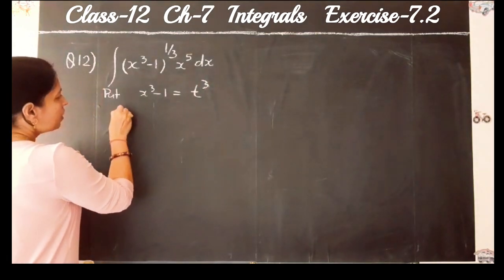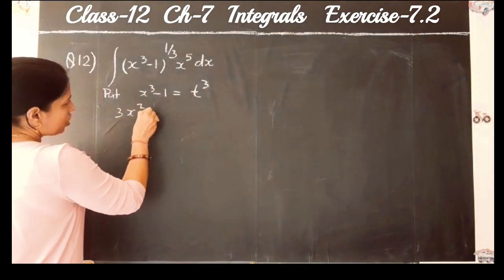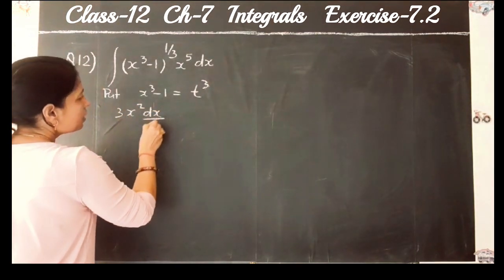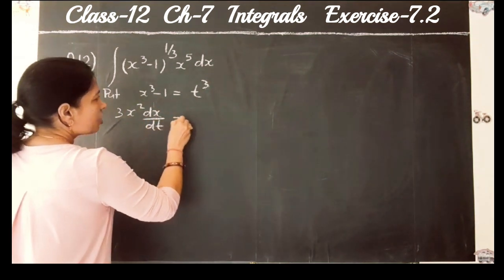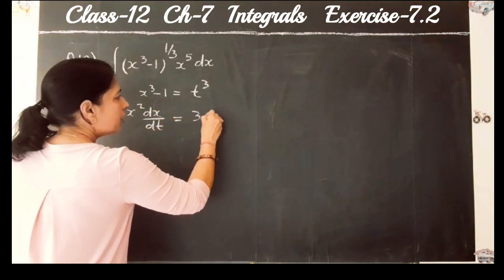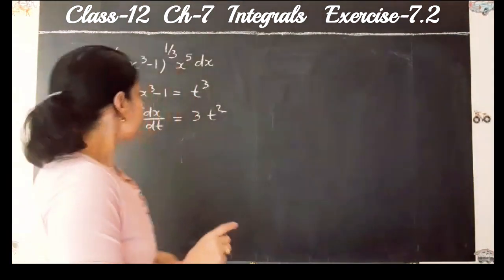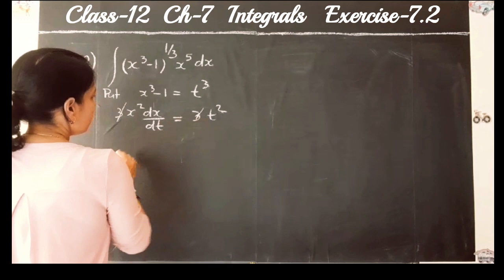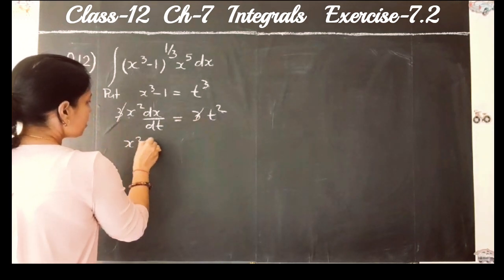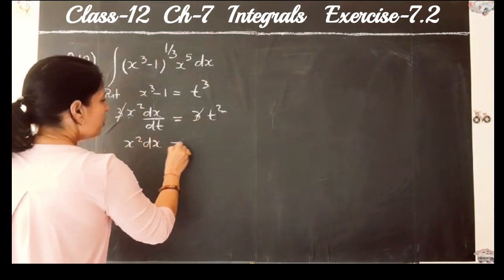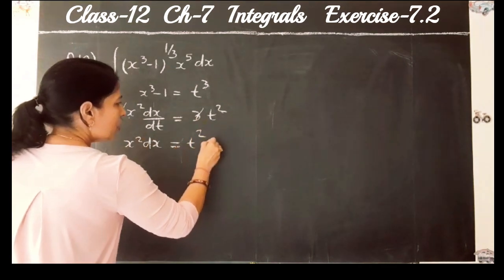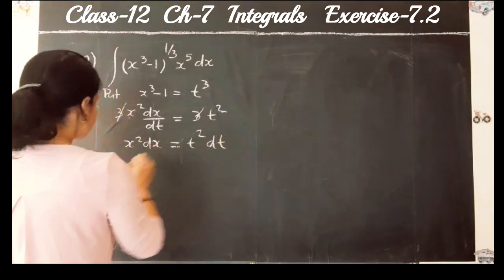We get 3x square dx by dt is equal to 3t square. 1 is a constant, so it will be 0. Then cancel this, so in place of x square dx, we can write t square dt.